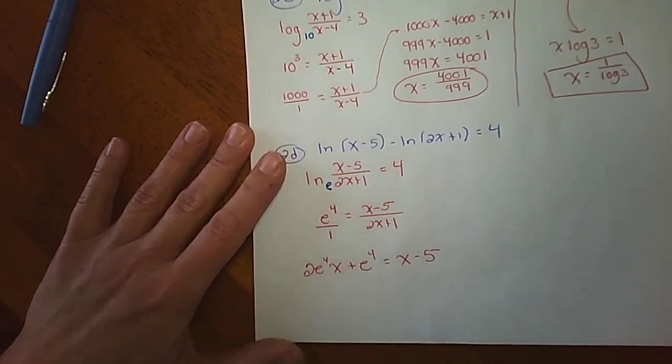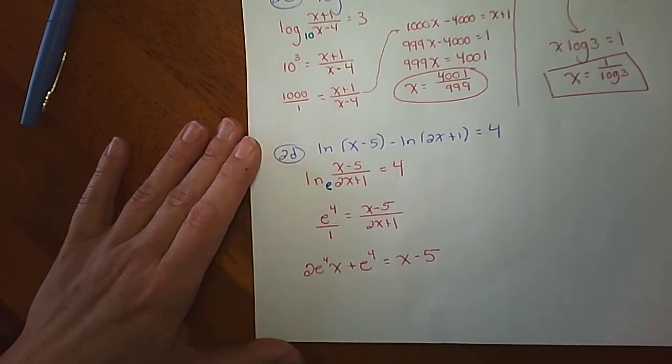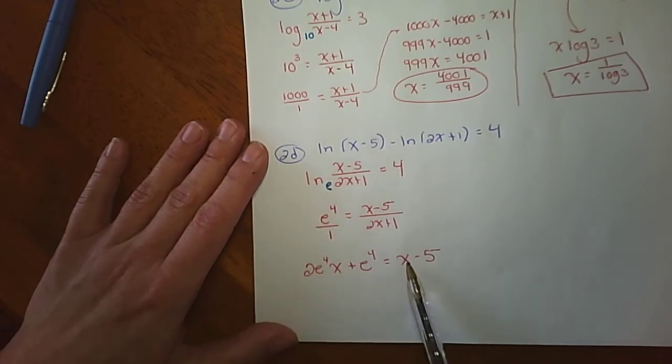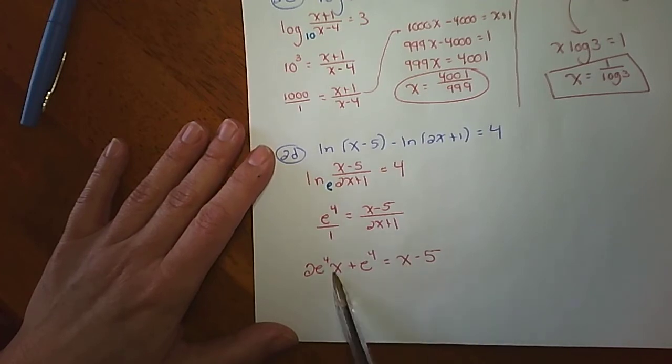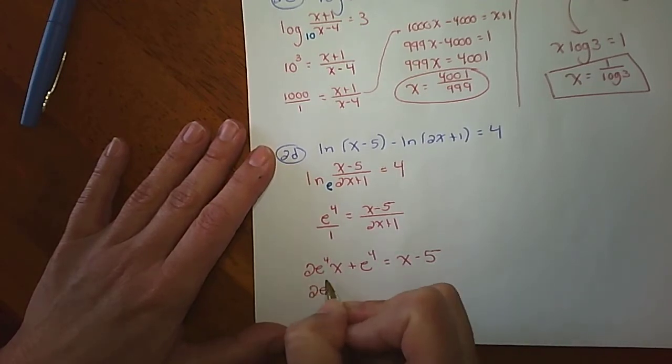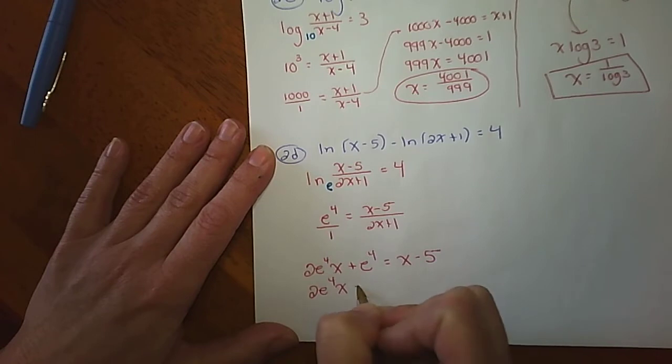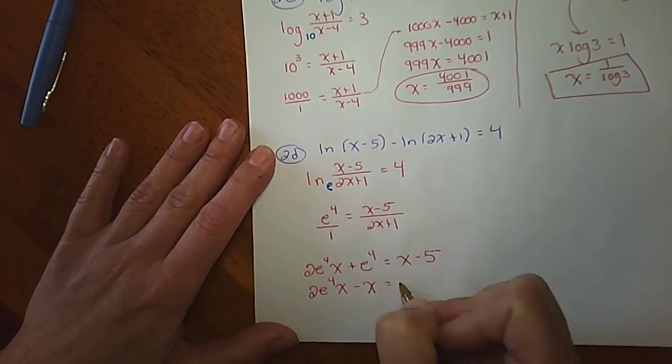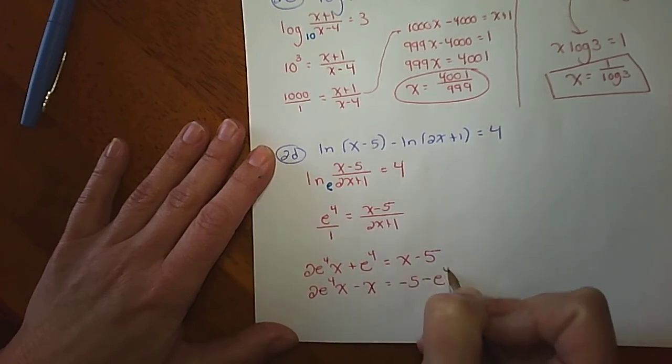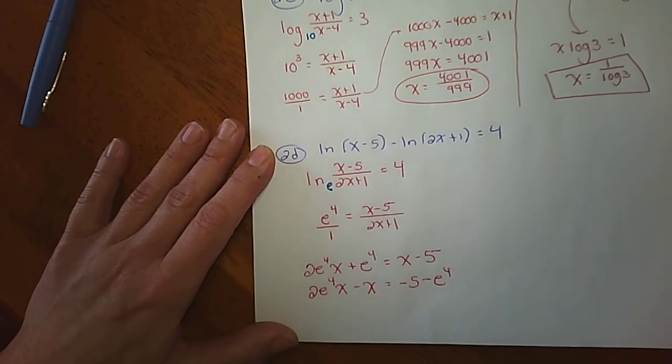All right, now we're solving for x. So since we're solving for x, I'm going to get everything with x on one side, everything without x on the other. So I'm going to subtract this x over. Minus x, and subtract e to the 4th to be over on the other side.